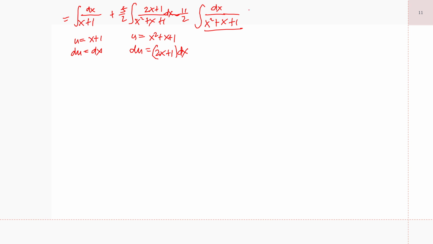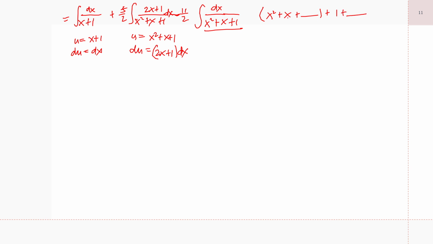So therefore, we have to complete the square first in order for us to get the corresponding value for an inverse trigonometric function. So x squared plus x, by completing the square, plus 1, then plus the unknown.